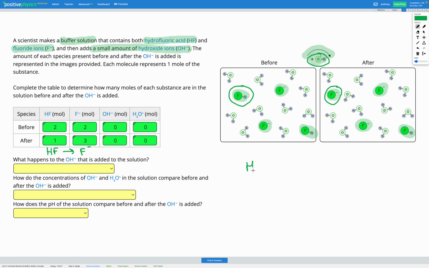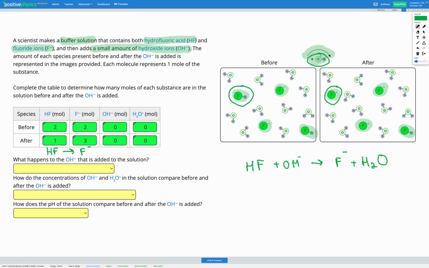So you must have had HF plus OH- goes to give us F-. What else happened? If we're getting an F-, that means we still have an H and an OH left. Those actually combine together to form H2O.